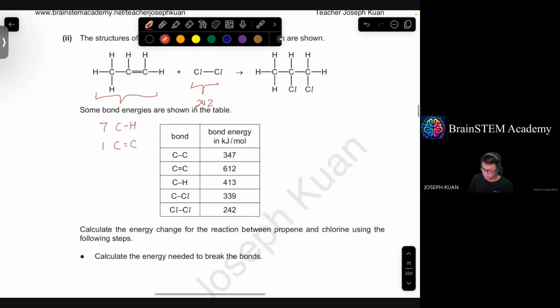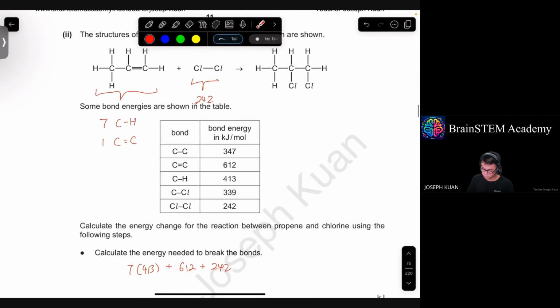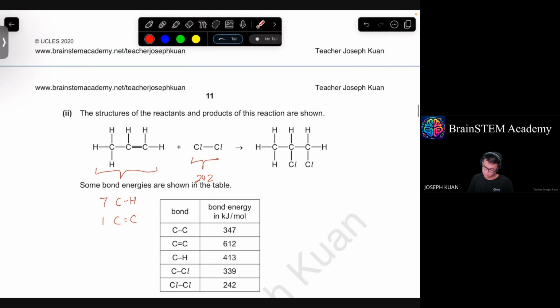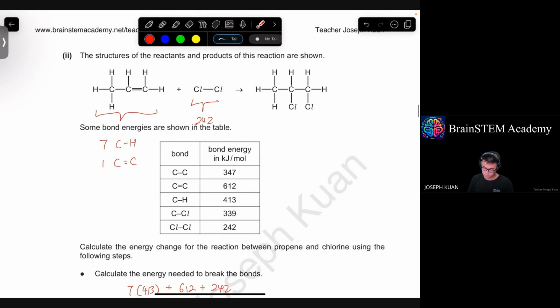Right, let's just find out the bond breaking first, which is 7 multiplied by 413 plus 612 plus 242. Wait a minute.